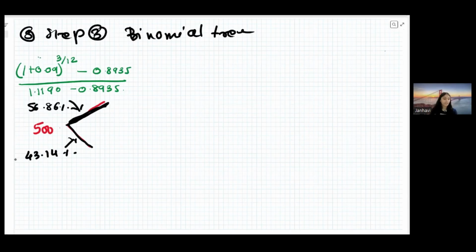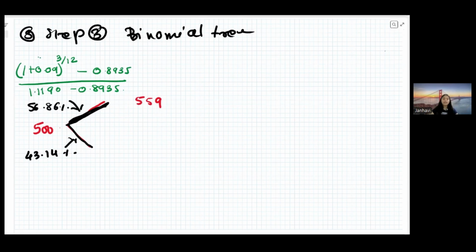Now how to calculate the numbers here? We take our 500 spot price into the uptick, 500 into 1.1190, and that will give us around 559. Let me write it in red so that you guys know the important numbers.